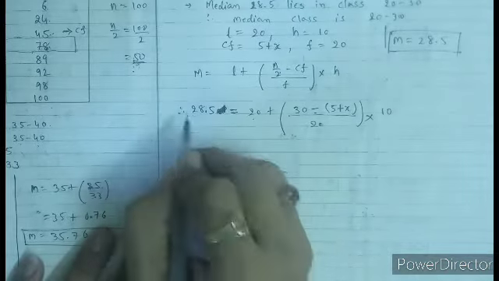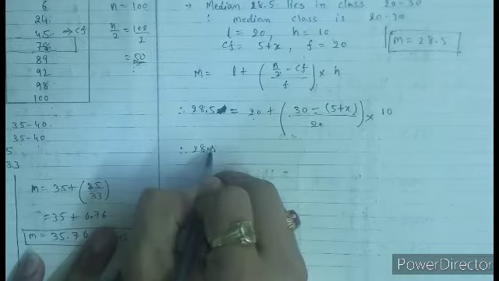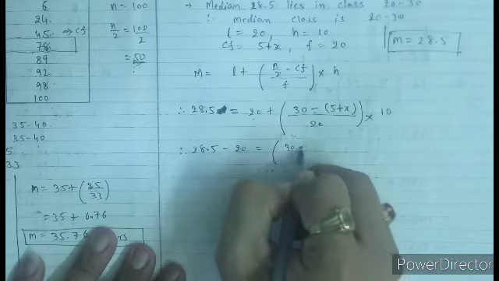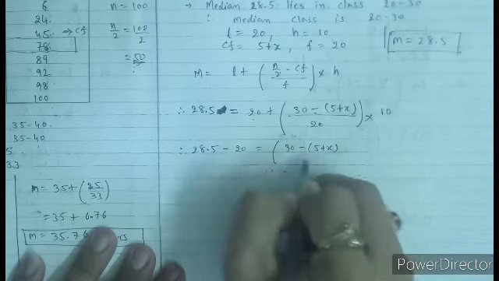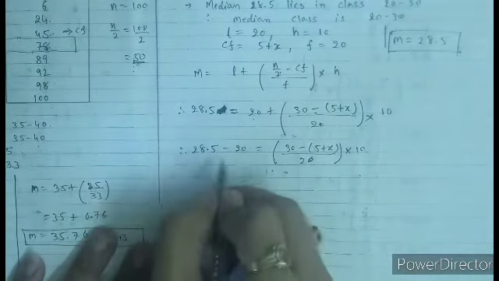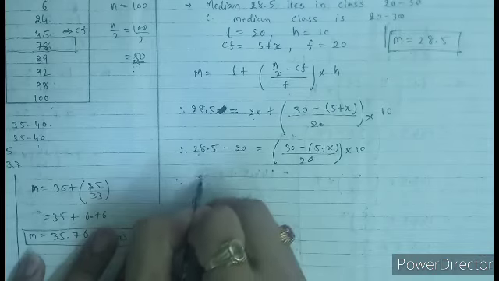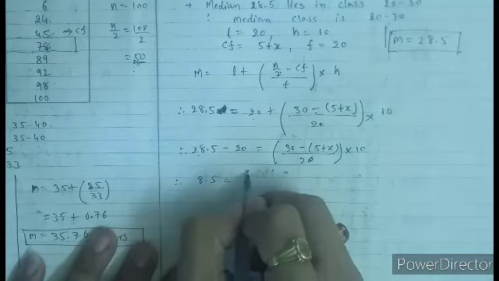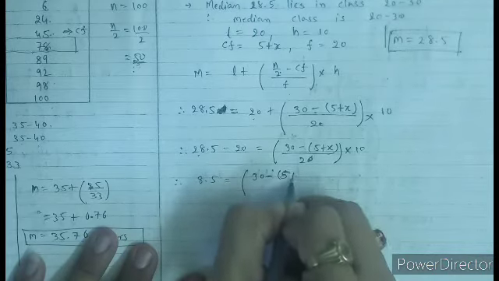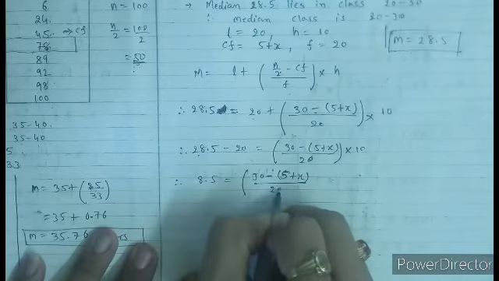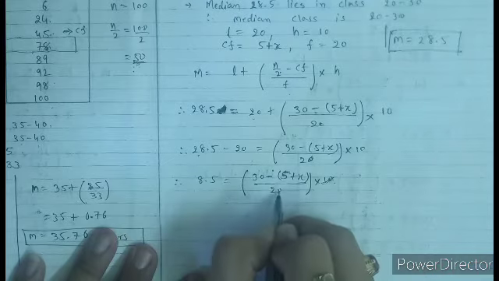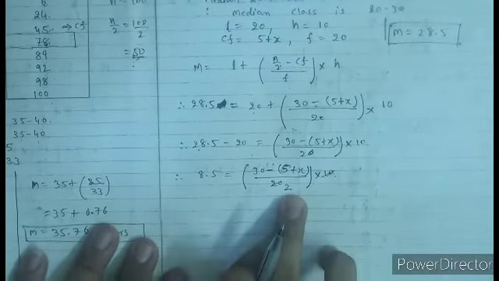Now we will take this 20 on the other side, and we get 28.5 minus 20 equals [30 minus (5 plus x)] upon 20, multiplied by 10. Here 28.5 minus 20 will be 8.5 equals [30 minus (5 plus x)] upon 20, multiplied by 10. Here we can cancel out these two terms, so 10 twos are 20, so this will be 2 in the denominator.